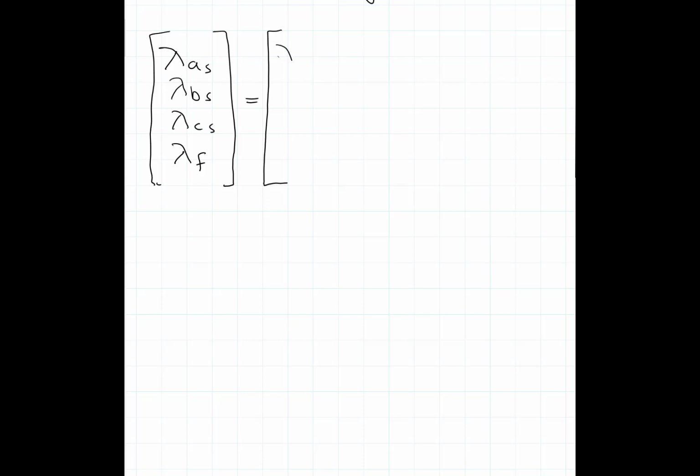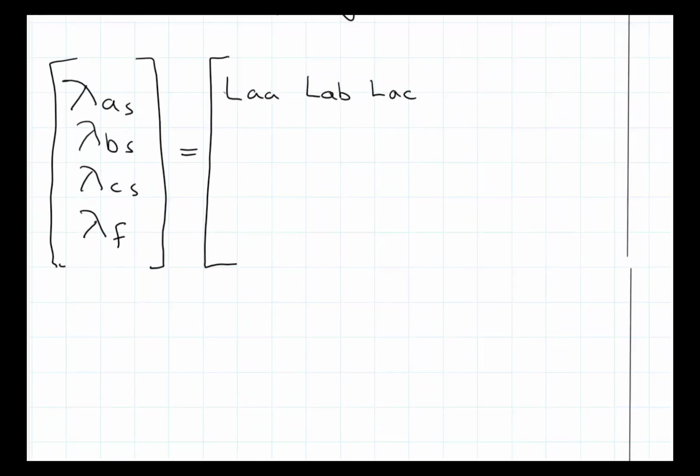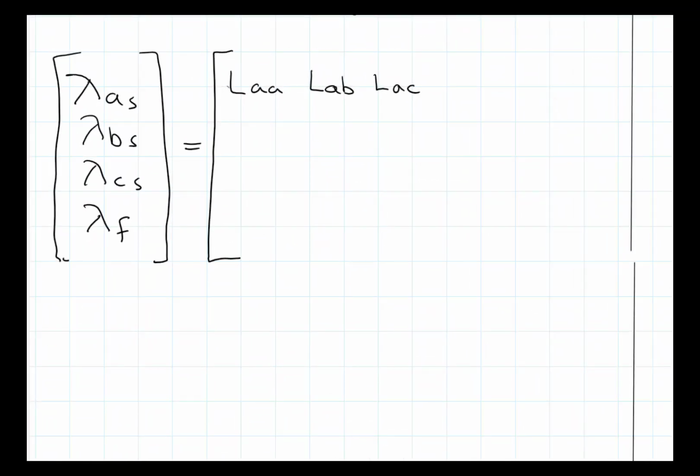There's going to be a self-inductance of the A winding, a mutual inductance to the B winding and a mutual inductance to the C winding. Then we've got the lambda A, the LAF.